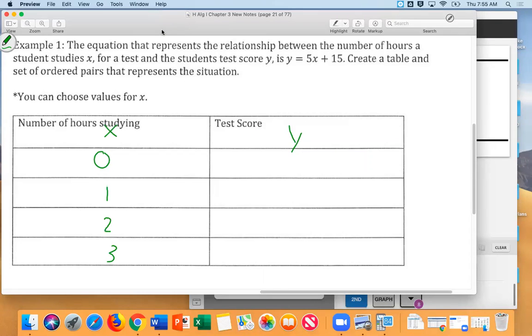So I would just plug that in: 15, 20, 25, 30. Not very good test scores, right? This test is probably for like the bar exam, where you have to spend many, many hours studying. Do you guys see how I created that table?